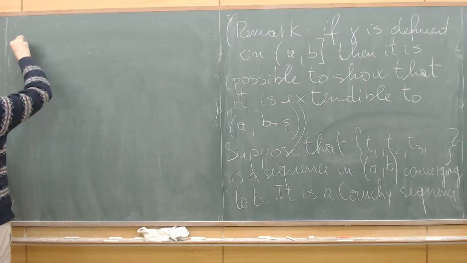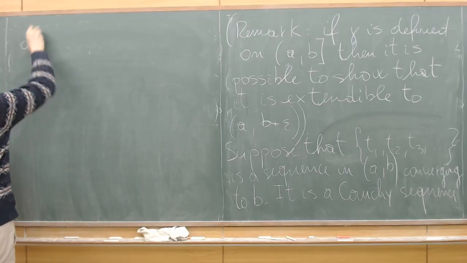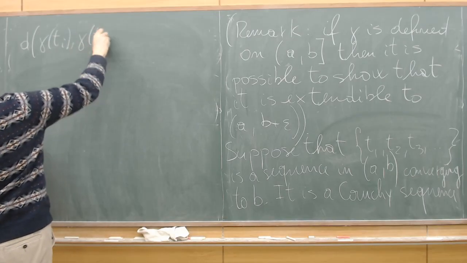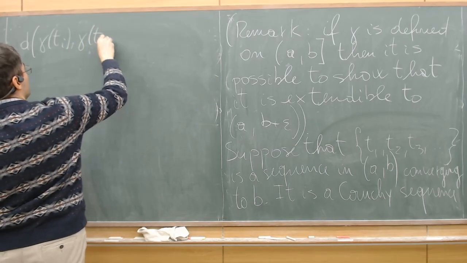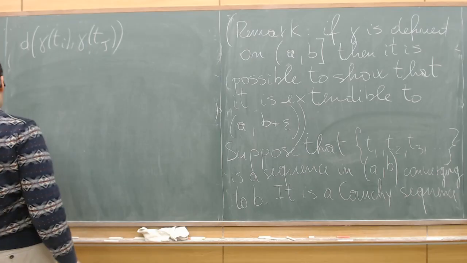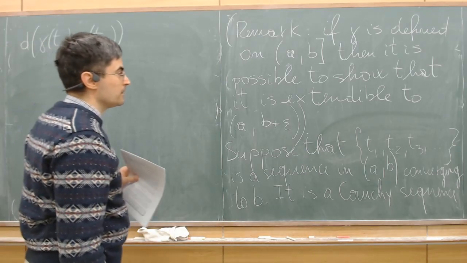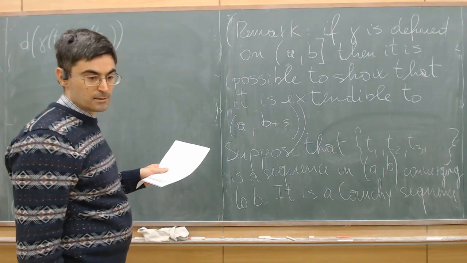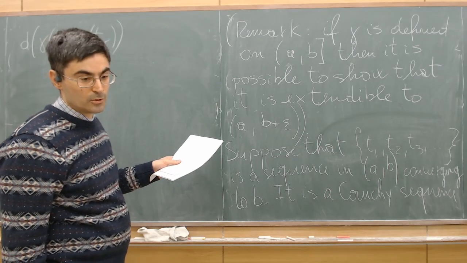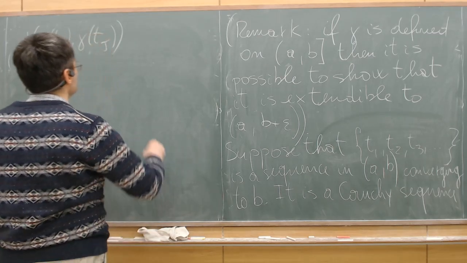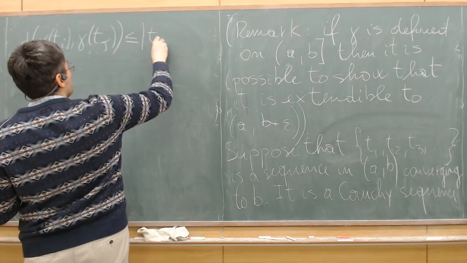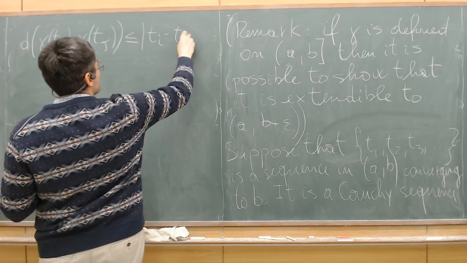We have that the intrinsic distance of gamma Ti to gamma Tj, because of the hypothesis of velocity vector of length 1 for gamma, is less or equal to Ti minus Tj in absolute value.